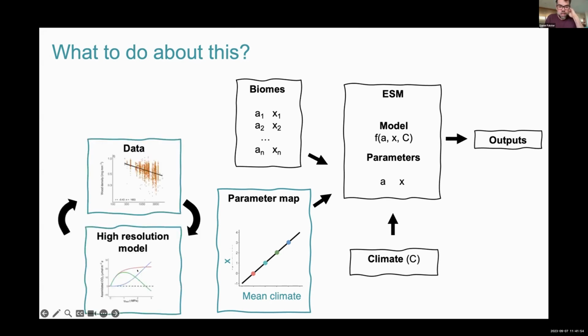And perhaps to get those maps, they could be empirically measured, but perhaps what we need is a separate parallel activity like the one we're doing, where we're looking at the parameters and we're using high resolution models to understand and predict those and generate surfaces of parameters which could feed into CABLE.